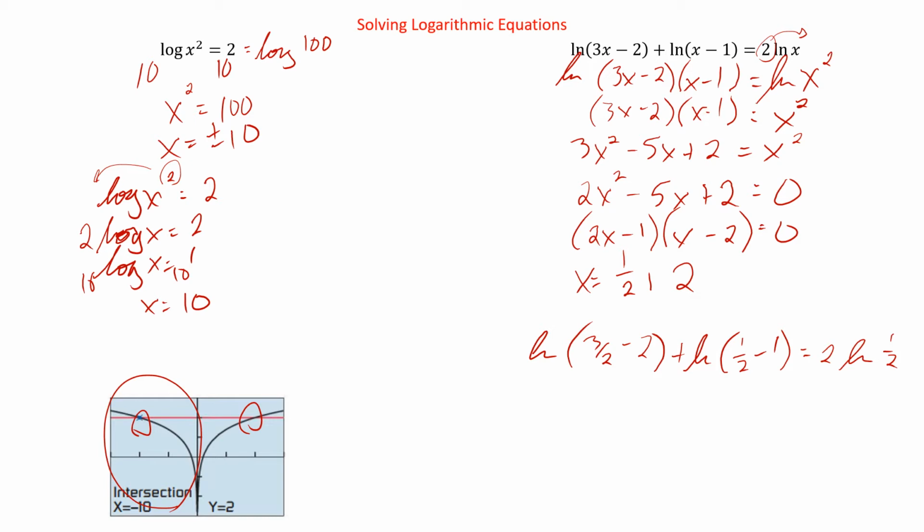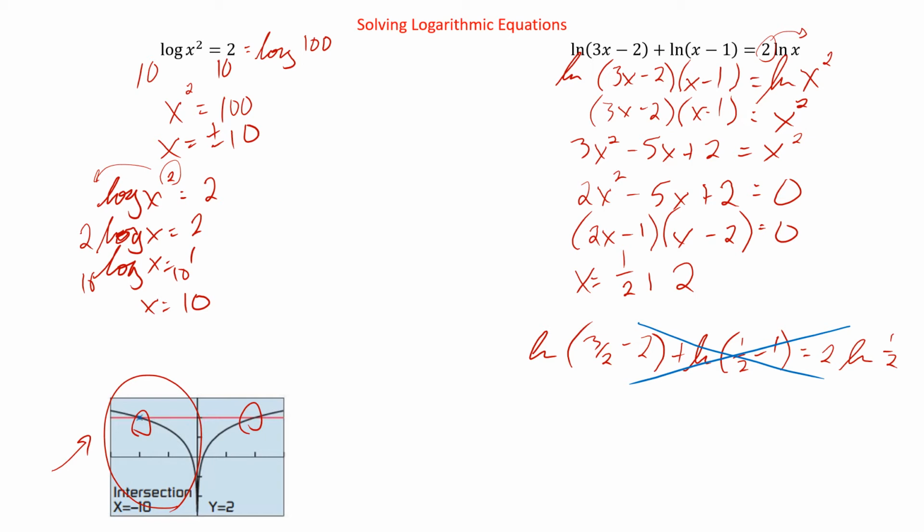We cannot have a negative inside of a log. So this one does not work. That's a superfluous solution. And if we graphed it, we would see that we don't have this other side of the graph in this case. So that doesn't work.